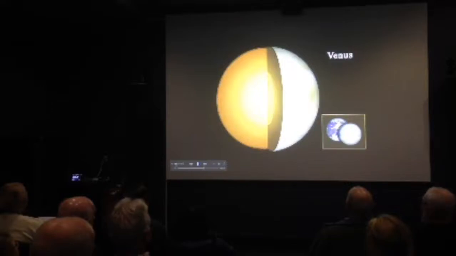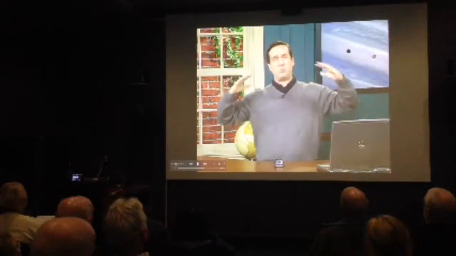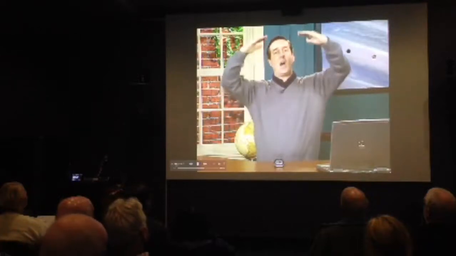When we look at Venus, the tectonic features are spread everywhere, not like on Earth where they were aligned with plate boundaries. There are no plate boundaries on Venus. The entire surface appears to be no older than a few 100 million years.